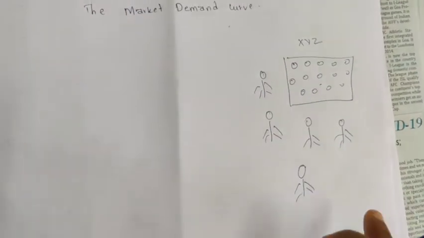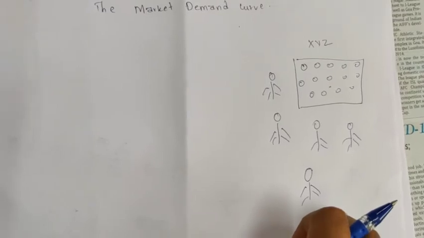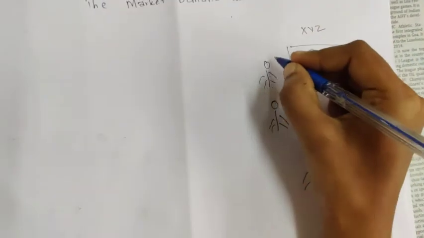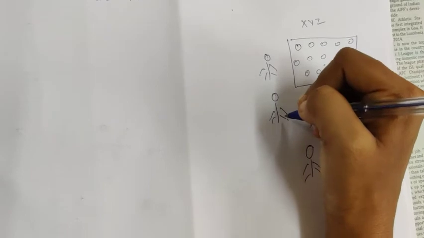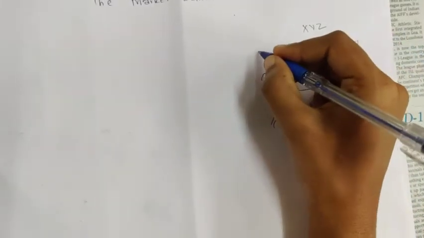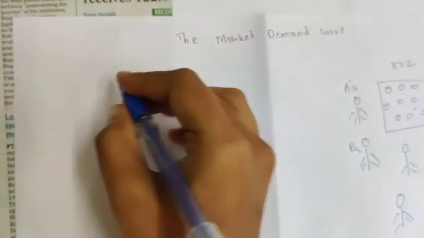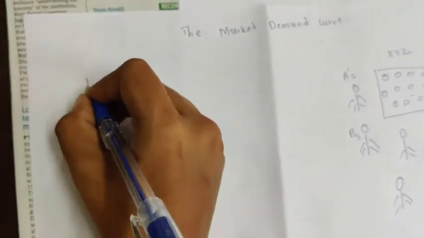Over here, we cannot study all the 1,000 buyers, but we will consider only two buyers' demand. For example, A buyer and B buyer, or A's demand and B's demand for ice creams from this shop. For that we have to draw a schedule.